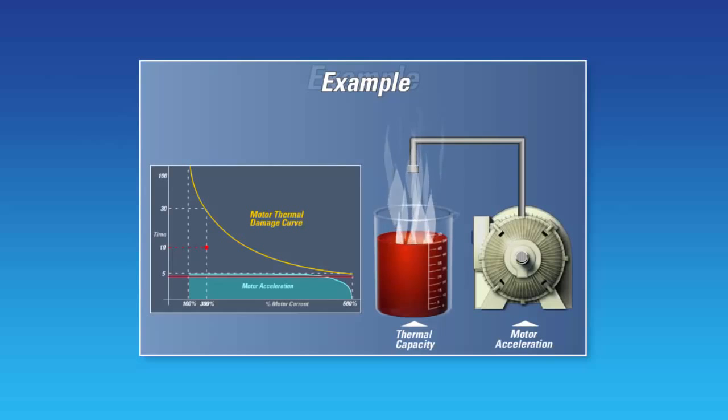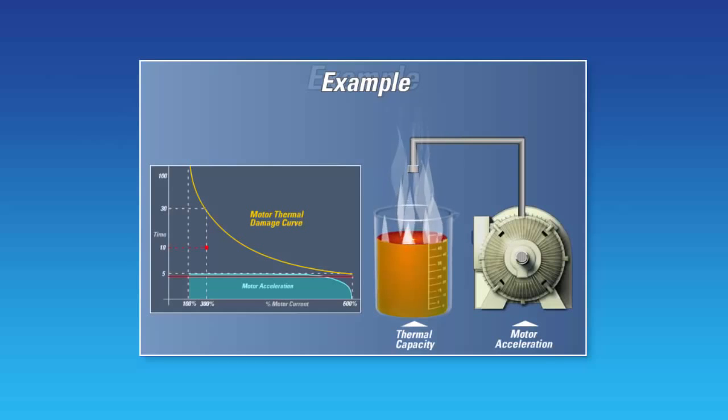To determine how long the motor can run when the motor's current draw drops to 300%, the thermal capacity already used at 600% must be taken into account. From the graph, we can see that the motor can draw 300% of its rated current for 30 seconds if no thermal capacity had been used.